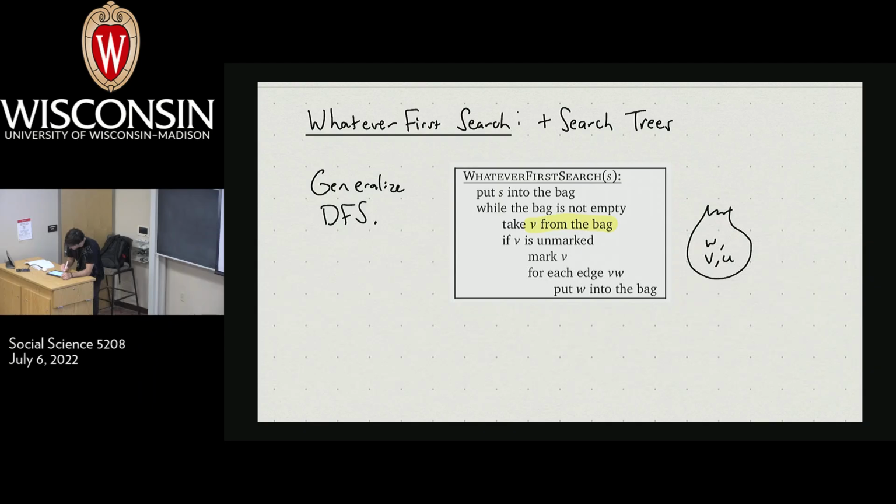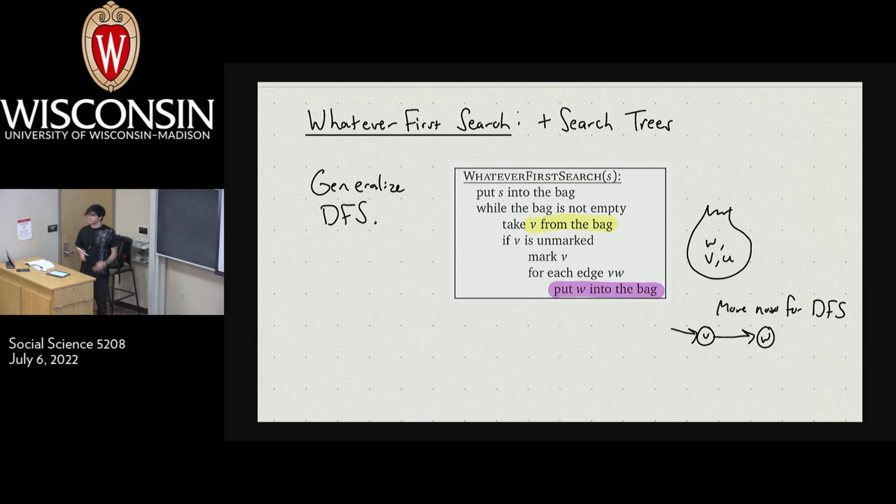And if you find anything that hasn't been marked yet, you're going to put it into the bag to be processed later. Now for DFS, we don't process it later. We process it now. So the whole point of DFS is if you have the chance to visit a new node, so if you're at v, and you can go to w, you're going to do it. So you move now for DFS.